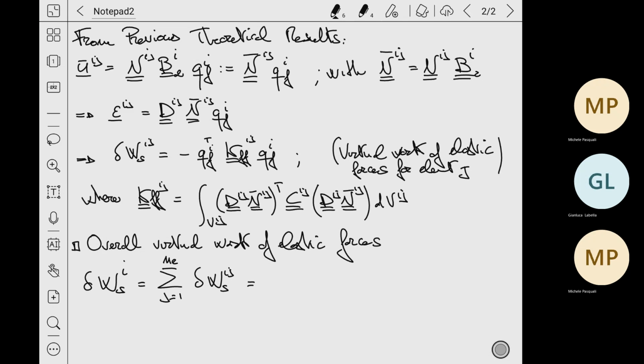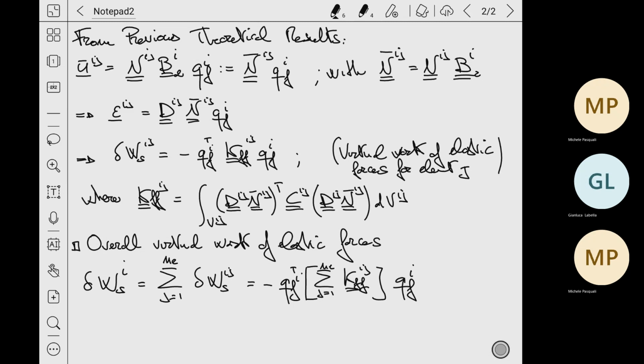No? It's minus QFI transposed, which does not have the J in superscript, times the sum from J going from 1 to NE of KFFIJ multiplied times QFI. No?